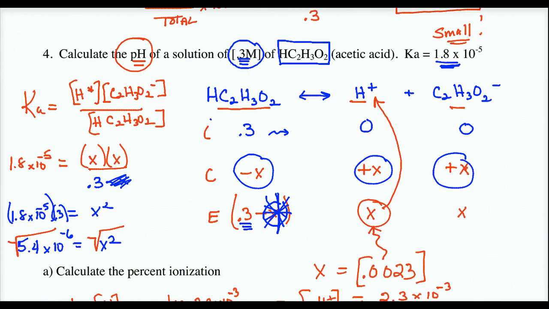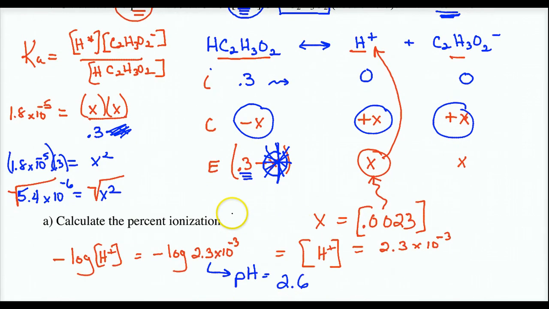And of course, the last question is, okay, calculate the percent ionization. Well, how do we do that? Well, total is 0.3. How much did it break apart? 0.0023.